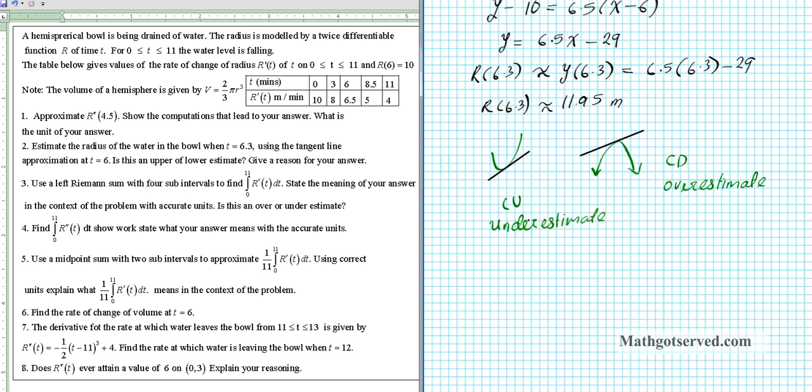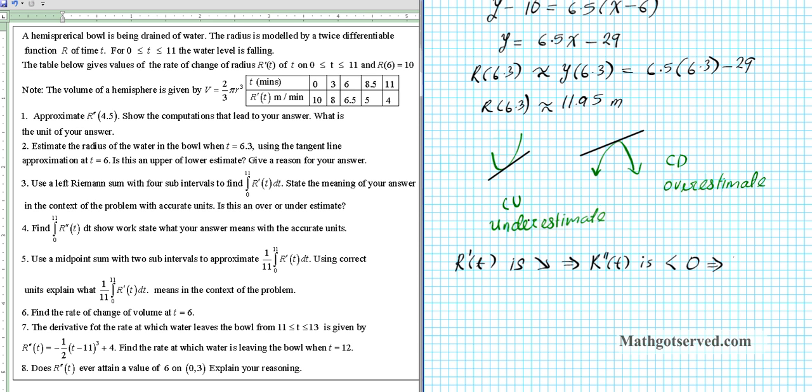So if r prime of t is decreasing, what does that tell us about r double prime of t? Well, that implies that r double prime of t is going to be negative. Since it's decreasing, r double prime of t is going to be less than 0. Now, if r double prime of t is less than 0, what does that tell us about the concavity?